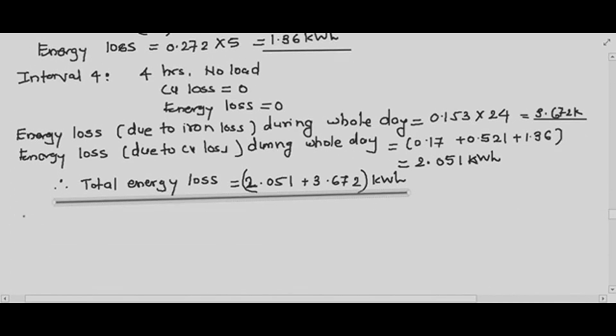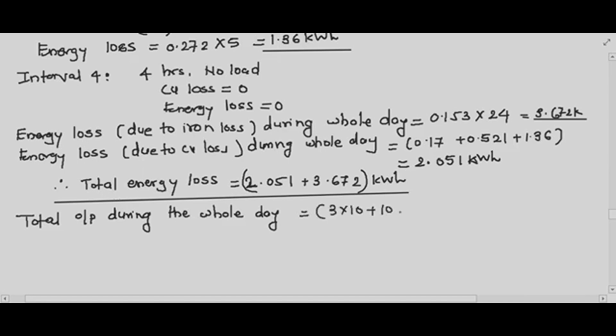Here I will write down total output during the whole day equals 3 into 10 plus 10 into 5 plus 18 into 5. So that will be equal to 170 kWh.